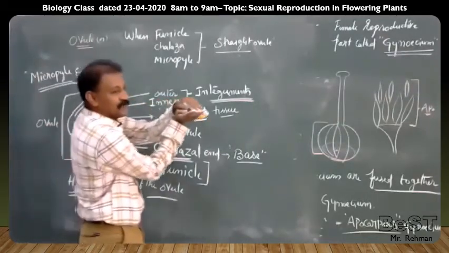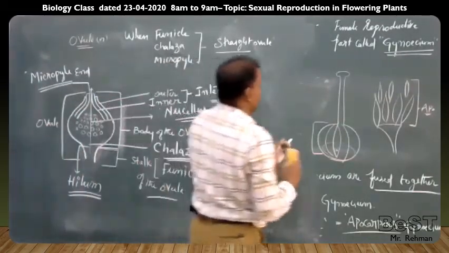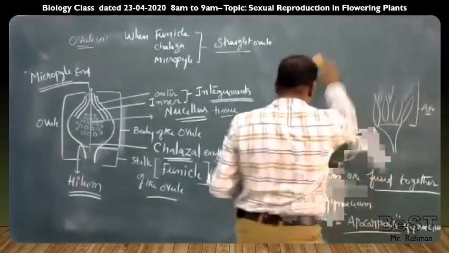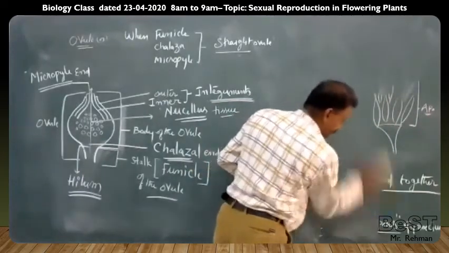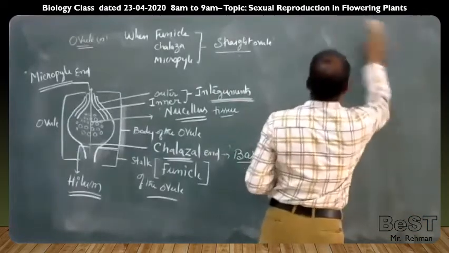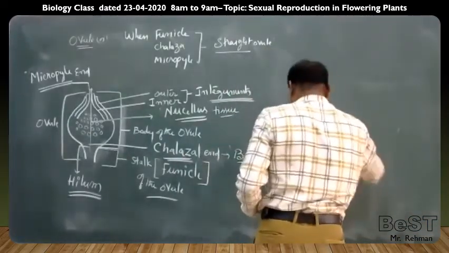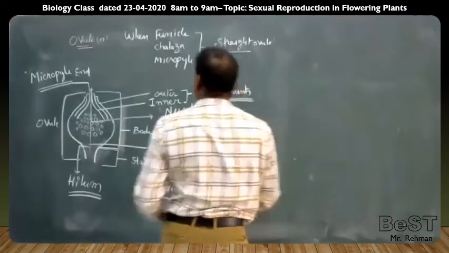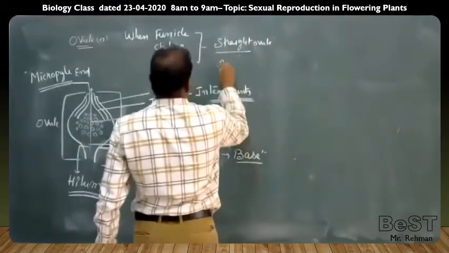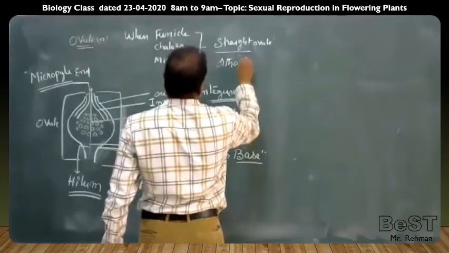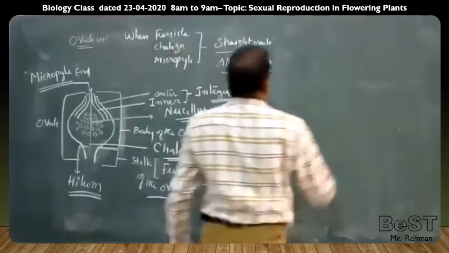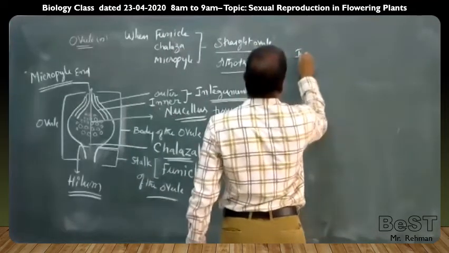Such an ovule is called an inverted ovule, and most of the angiospermic plants have an inverted ovule. This is called a straight ovule or orthotropous ovule. Inverted ovule.